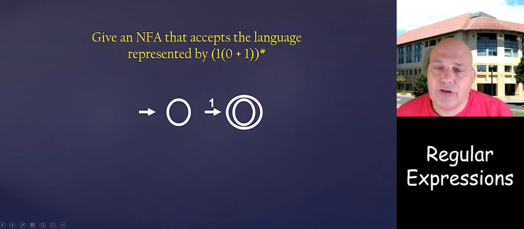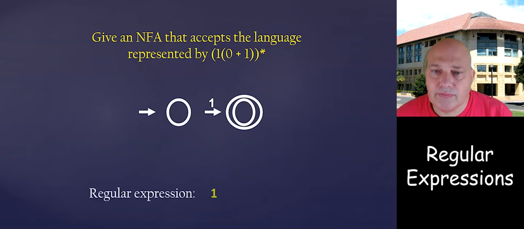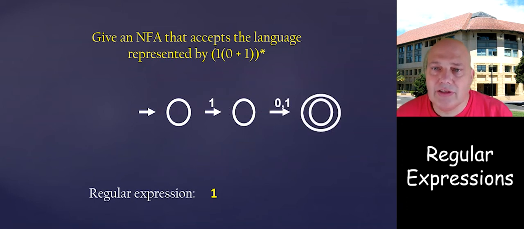So we start by having this NFA for 1. This is the first regular expression we have. We are concatenating it with an NFA that accepts either 0 or 1. So by now the regular expression is 1 times 0 plus 1.